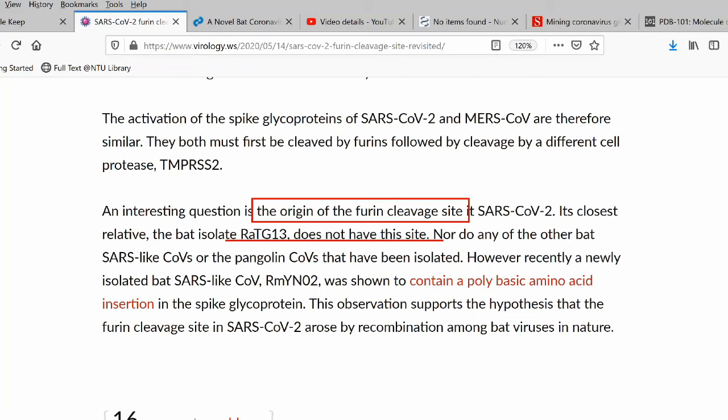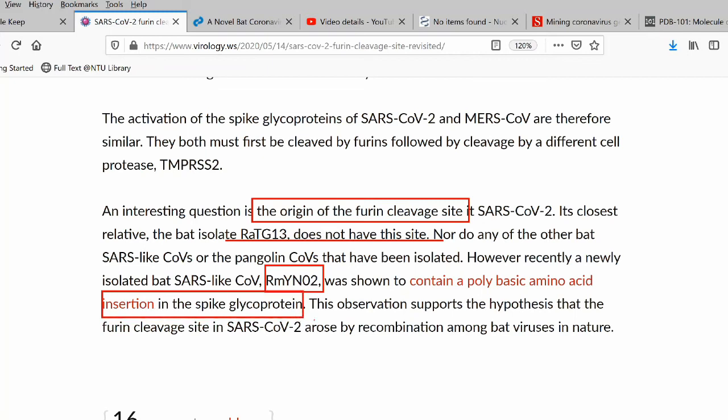But they say, however, that a recently isolated new virus, which is not available through NCBI as yet, was shown to contain a polybasic amino acid insertion in the spike glycoprotein.